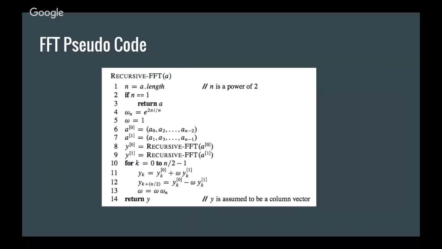All right, now we hit the for loop, and lines 11 and 12 multiply each value y of k by omega raised to the kth power. And you see how each iteration of that for loop raises the power of omega? No, it doesn't.